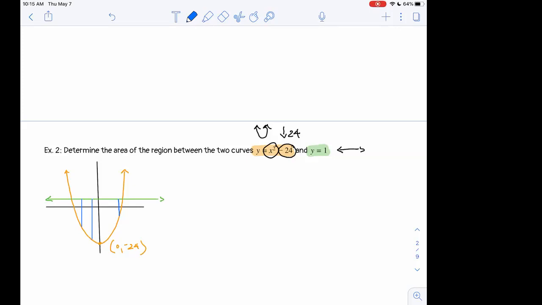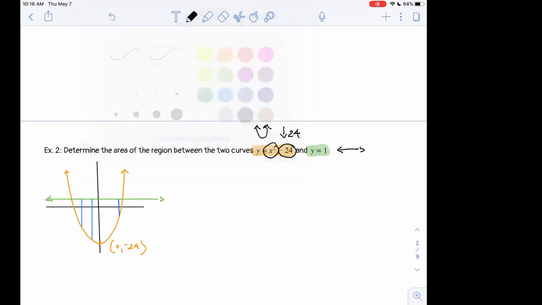So all three of these rectangles, in fact, any rectangle that I drew would have the same top curve and the same bottom curve. And that's really helpful when we want to set up a formula, okay?